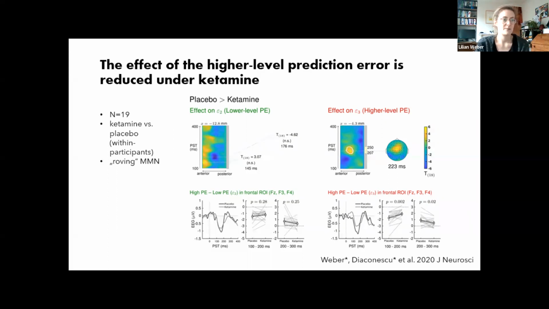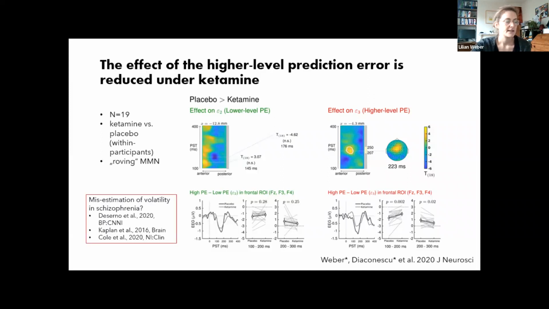It suggests that ketamine interferes with higher level belief updating rather than lower level belief updating, something about volatility. And it relates to the literature in that there's been a few studies suggesting that patients with schizophrenia or people at risk of developing schizophrenia might also show a misestimation of volatility in the environment, in particular, an overestimation of volatility.